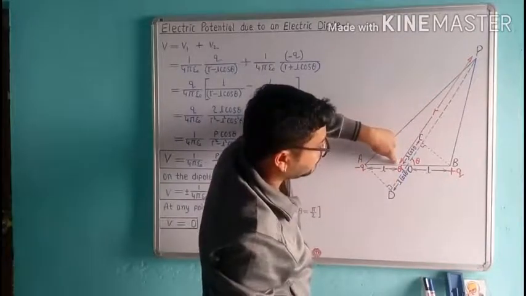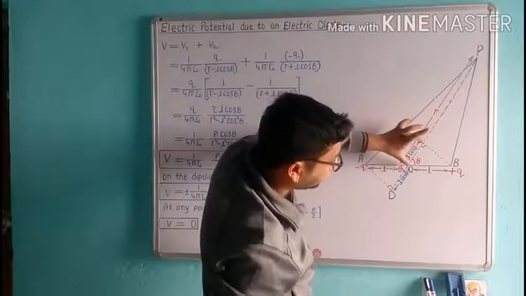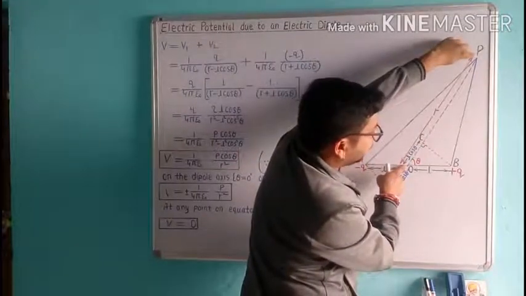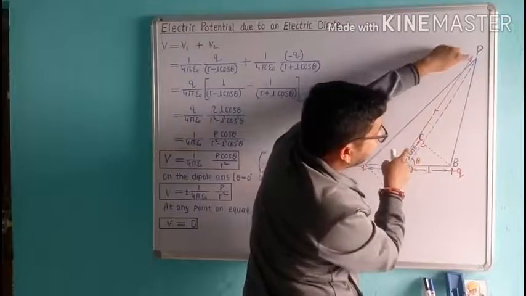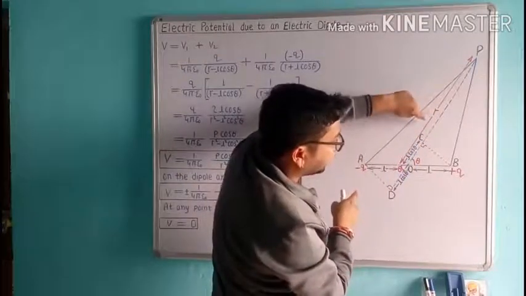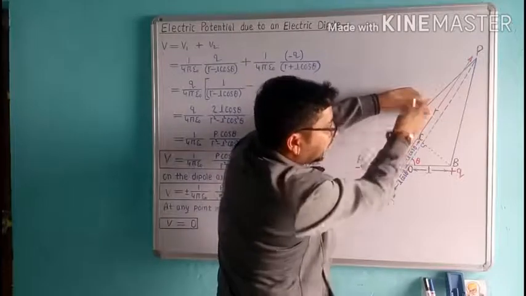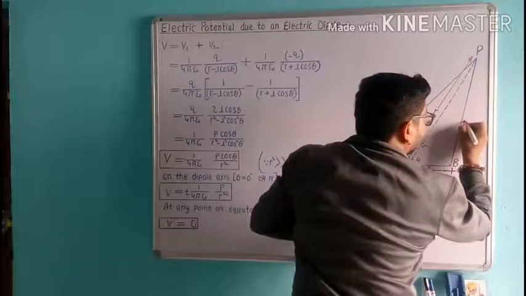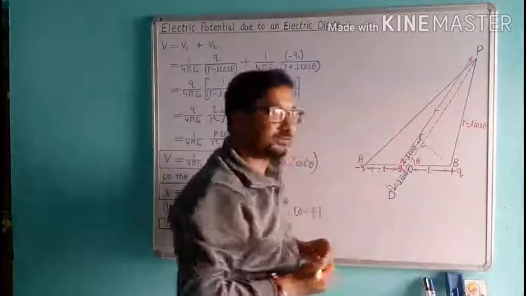Now, PO is equal to r, and this is L cos theta. That means the remaining length PC is equal to r minus L cos theta. And since PC is equal to PB, it will be r minus L cos theta.